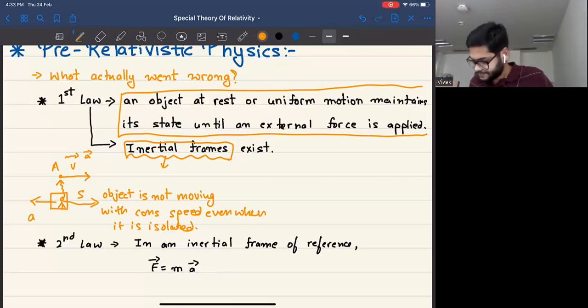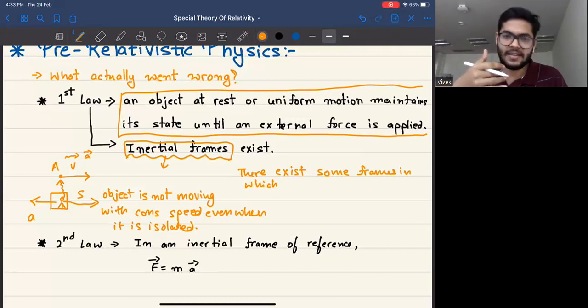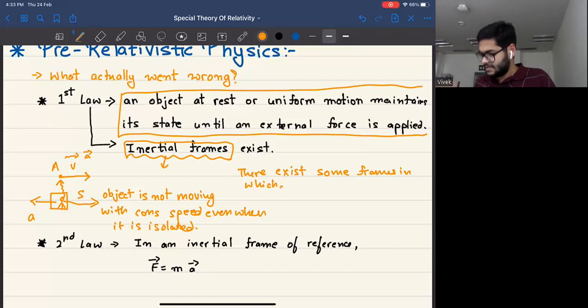So here we can say that there exists some frame in which an object remains at rest or remains in a state of constant velocity.